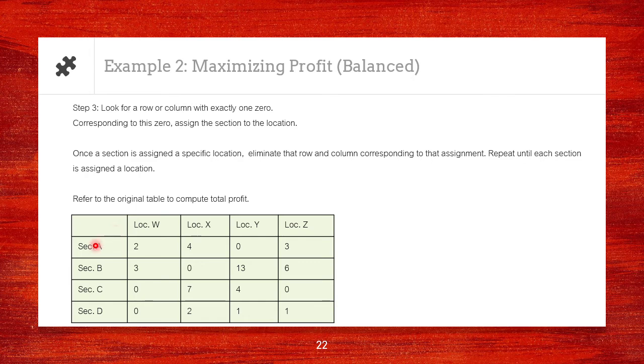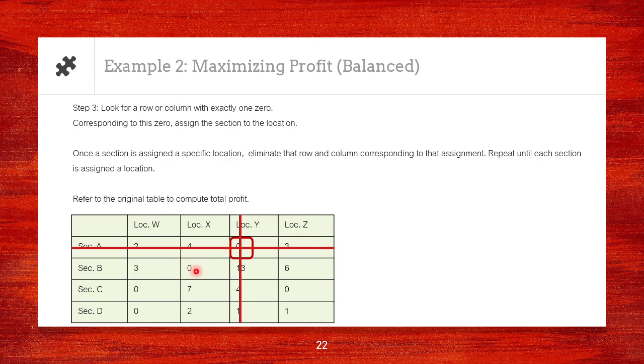So in this updated opportunity cost table, notice that in the first row, there is exactly 1 zero right here. So that means section A will be assigned to location Y. Okay, next, notice that in the second row, there is exactly 1 zero right here.